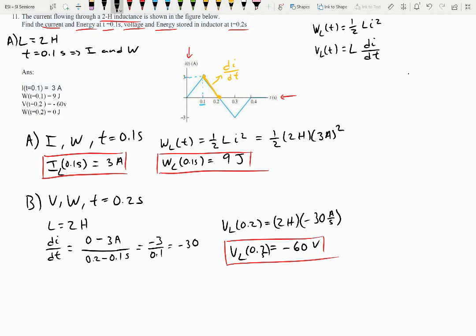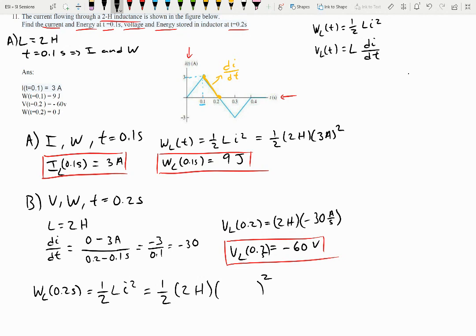Then finally, all we have to do is go back and look at the amount of energy that we have stored up. So at time 0.2 seconds, if we plug in our Li squared equation, we get 1/2 times 2 henries.